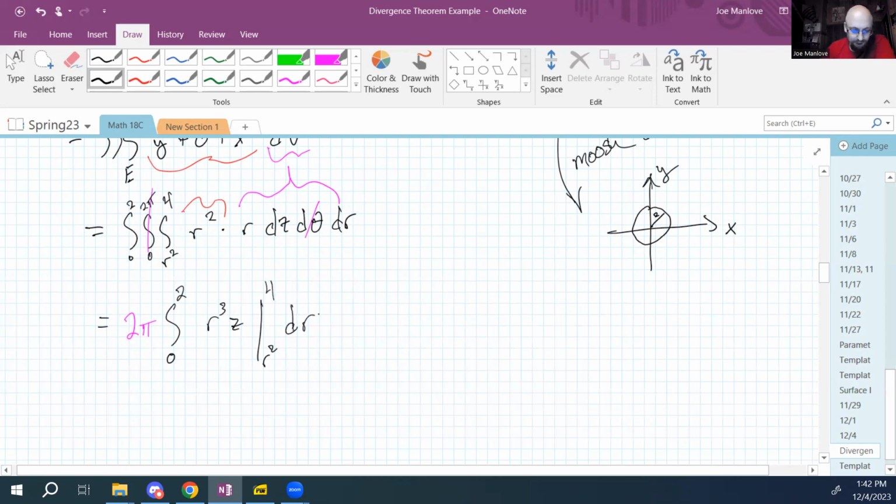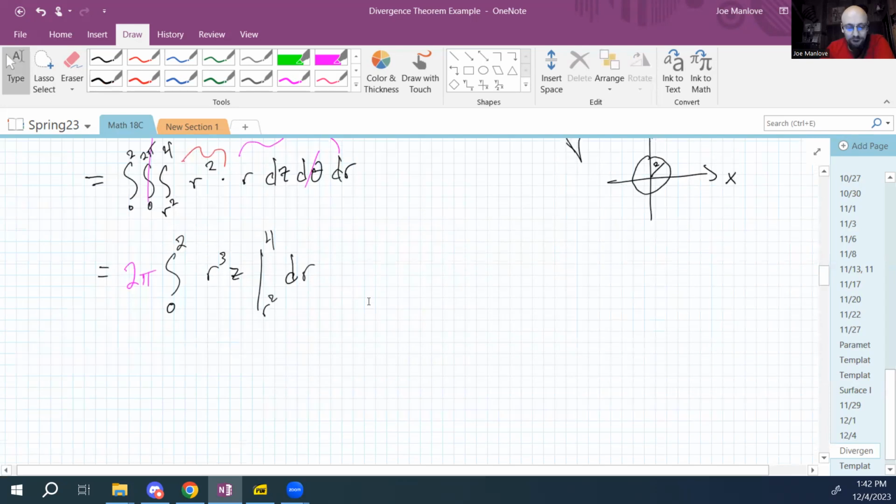And then I've got a dr still to sort. Notice that was a dz integral, so I didn't get a constant or anything. Really, I got a constant, but it was 1. And then I'm going to get a 2 pi. Then I've got an integral. Oh, no, I should just evaluate. So I've got an integral from 0 to 2 of 4r cubed minus r to the 5th, I guess, dr.